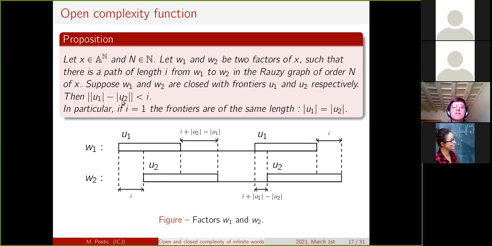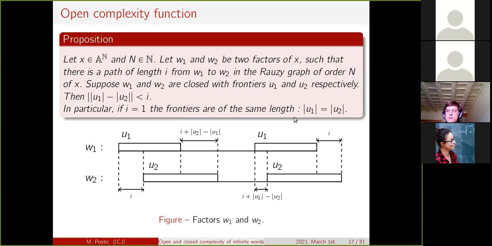So this gives us this inequality here, which is that the length of U1 minus the length of U2 must be smaller than i in absolute value. And what is interesting now is that if you take i to be equal to 1, then it gives you that the lengths of the two frontiers must be the same.